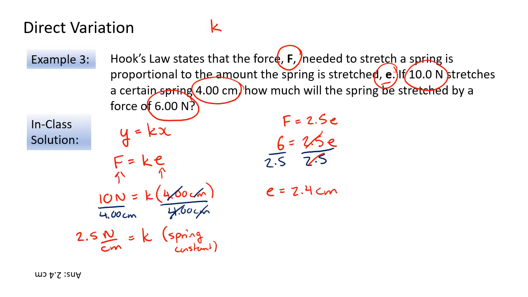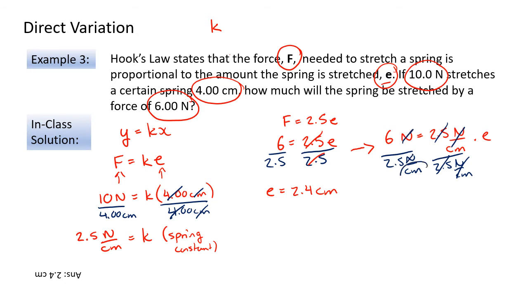What I didn't show you here, and I should have, is that this was actually 6 newtons is equal to 2.5 newtons per centimeter multiplied by E. So when we divided both sides by 2.5 newtons per centimeter, the newtons per centimeter and the 2.5s canceled on the right-hand side, and on the left side, just the newtons canceled.